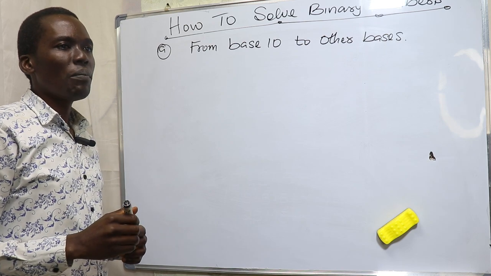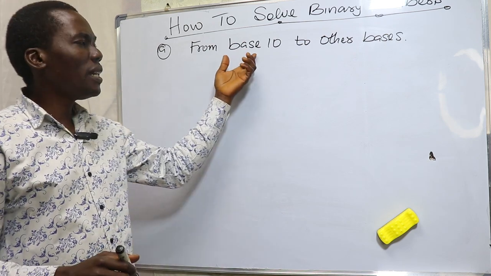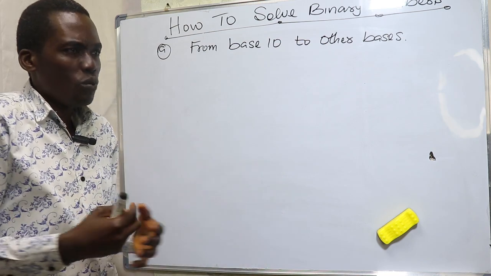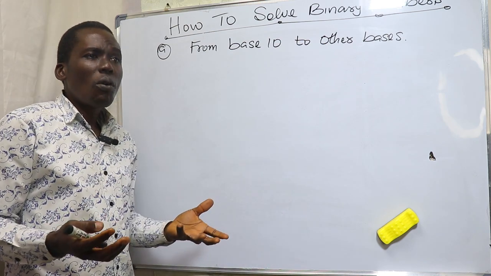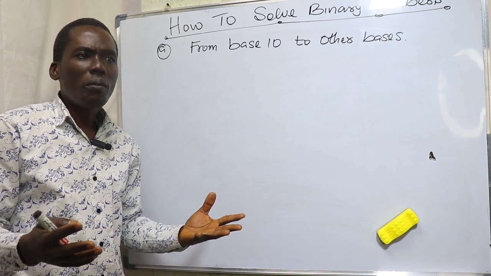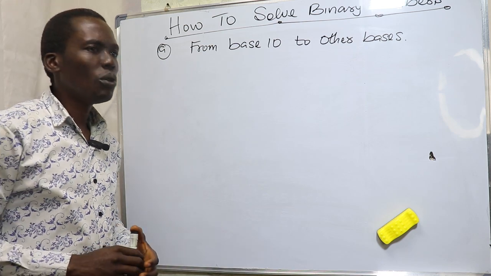From base 10 to other bases, what will we do? Remember, we will take another example. It is just like they give you one normal number and say change this number to base 2. They give you one normal number and say change it to base 5. They give you one normal number and say change it to this base. Let's see how we do it.